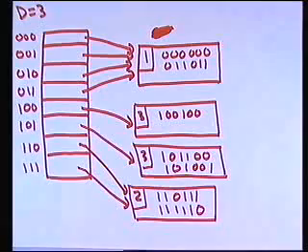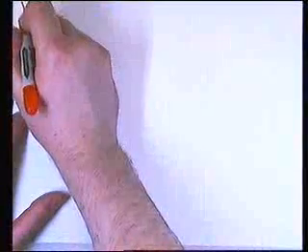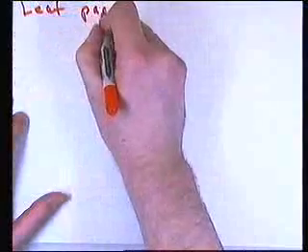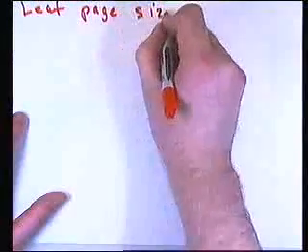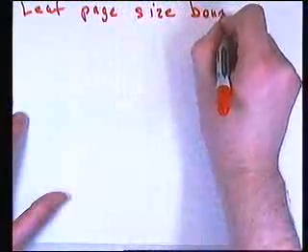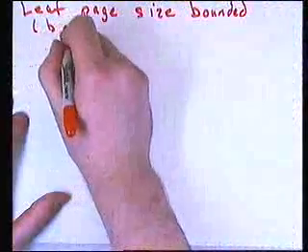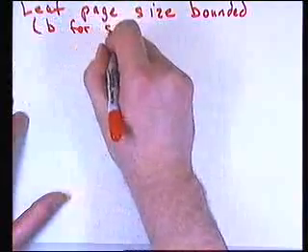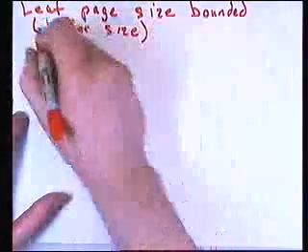So, as a result, the leaf page size is bounded. Say B, we can use B for the size. That's what the book does as well.